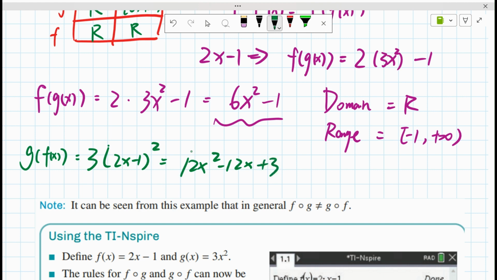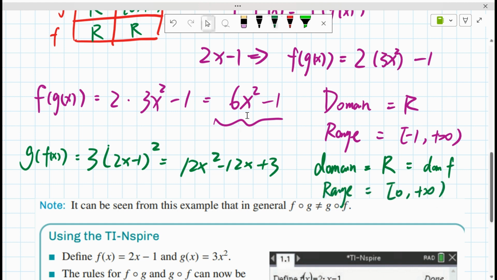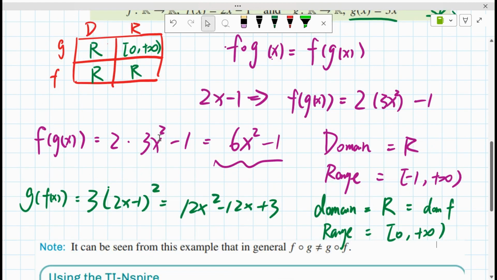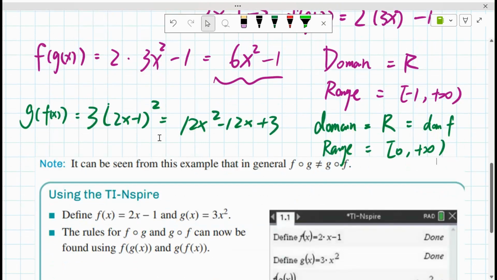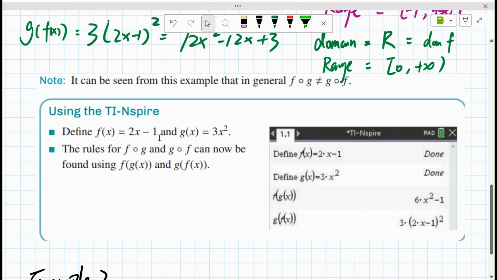Your domain becomes the real numbers, which equals the domain of function f, and the range equals 0 to positive infinity, which is exactly the range of g(x). Perfect. Hopefully that makes sense.